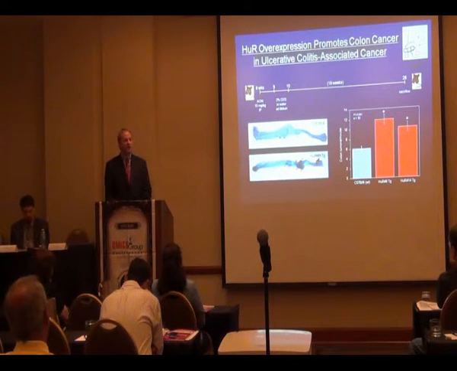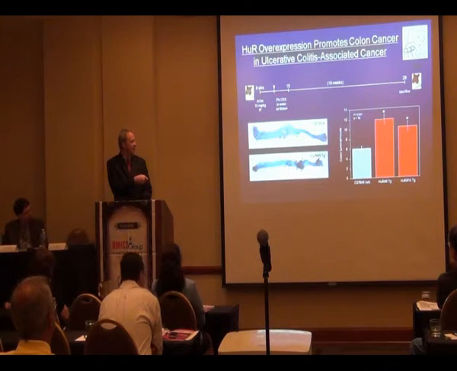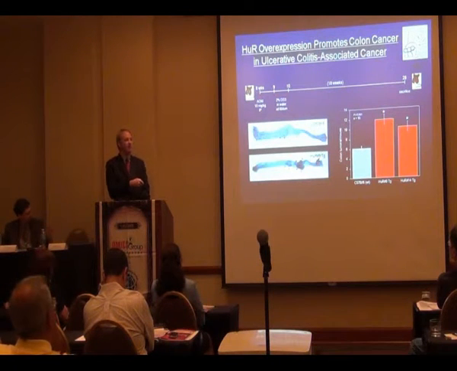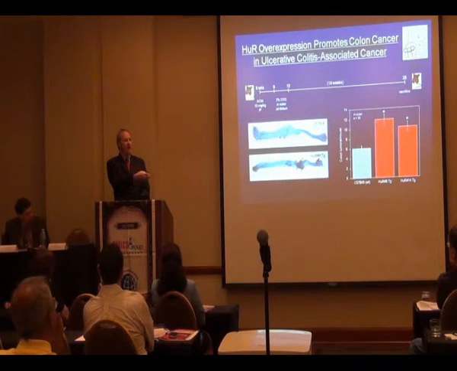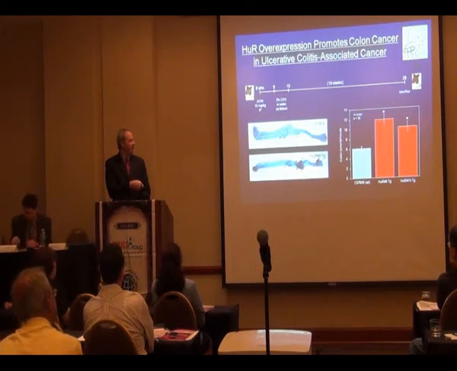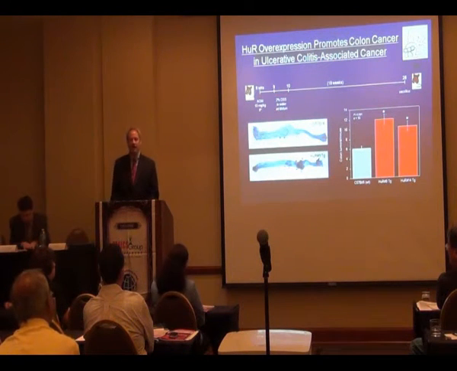In C57 black 6 mice, shown over here, these mice get about 5 or 6 colonic tumors in their colons. Whereas if we do that same experiment to these HuR transgenic mice, where we provide the inflammatory agent, which is obviously going to promote expression of many inflammatory mediators, and these over time will be able to potentiate tumorigenesis, when HuR is overexpressed, you see probably on average about a 2-fold increase in the number of colonic tumors.